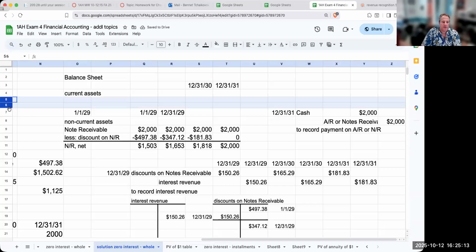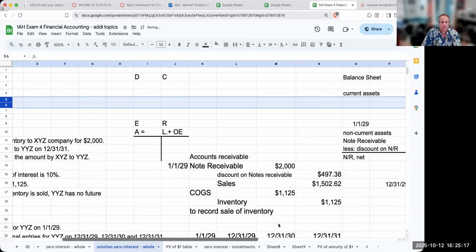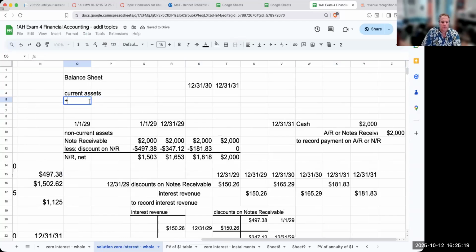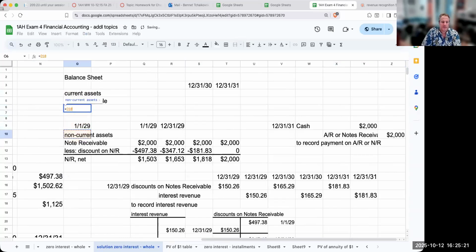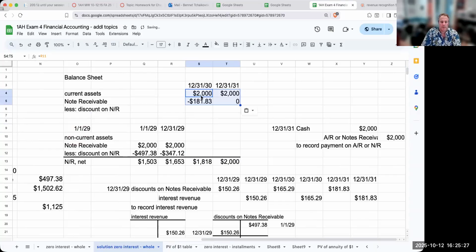And what we're going to have here is notes receivable less the discount on the notes. And these amounts here are going to effectively be coming up to here.